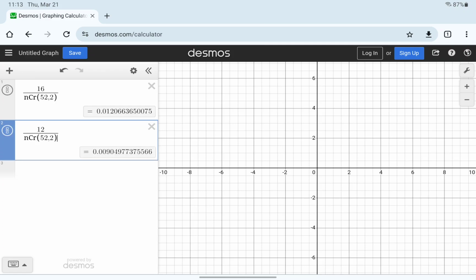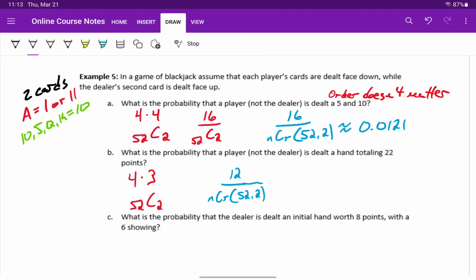Gives us 0.0090. So a little bit less than a 1% chance of a player getting dealt 2 aces.